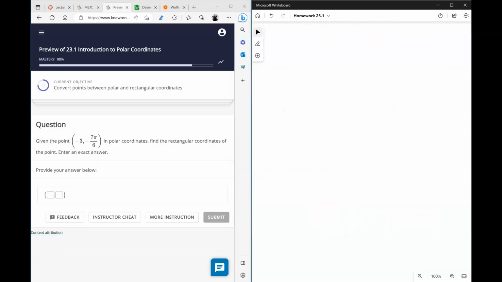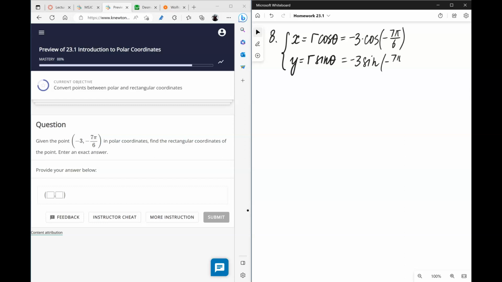All right. We have polar coordinates. We're converting it to rectangular coordinates. So x is equal to r cosine theta, y is equal to r sine theta. r cosine theta will be -3 cosine -7 pi over 6, and here we'll have -3 sine of -7 pi over 6.